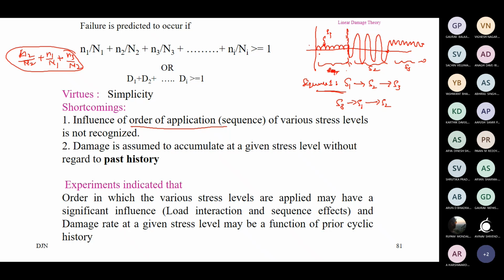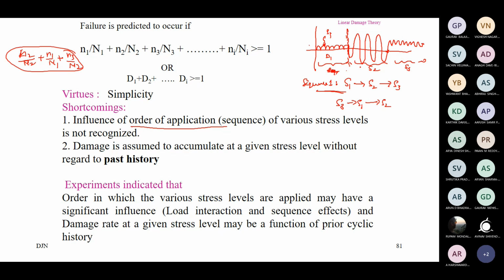So when you apply the next pattern, S2, you have applied S1 and let us say you have incurred a damage of D1. When you apply the S2 pattern, you are applying that particular load over a component with the damage D1.